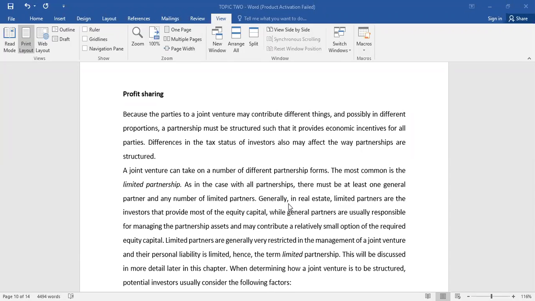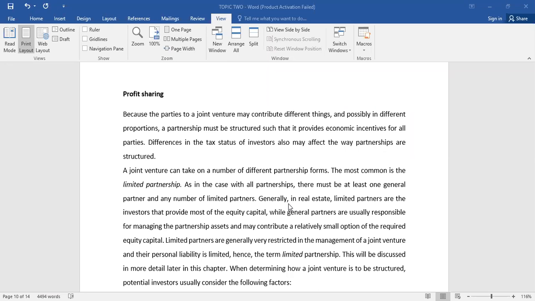And they may in some way contribute in small portions, but not equal to the equity given by the limited partners. So limited partners are generally very restricted in the management of the JV, and there is a reason for that. Because their personal liability is limited, hence the term limited partnership.